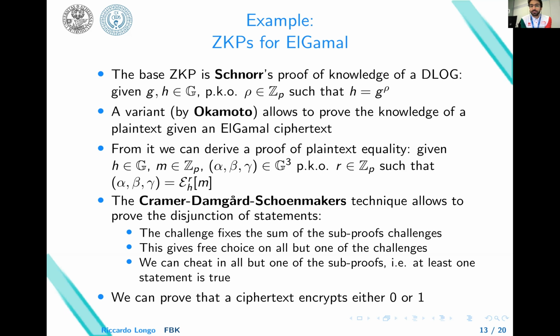We have a variant by Okamoto that allows us to prove the knowledge of a plaintext given an ElGamal ciphertext. And then from this other proof, we can derive a proof of plaintext equality.